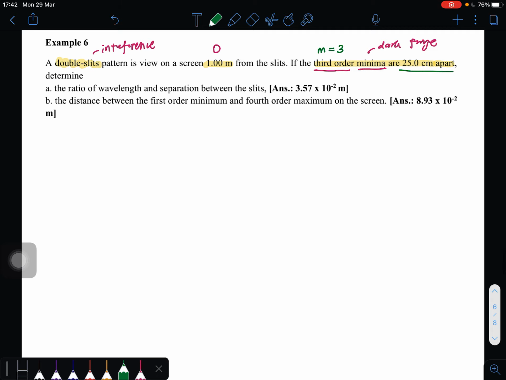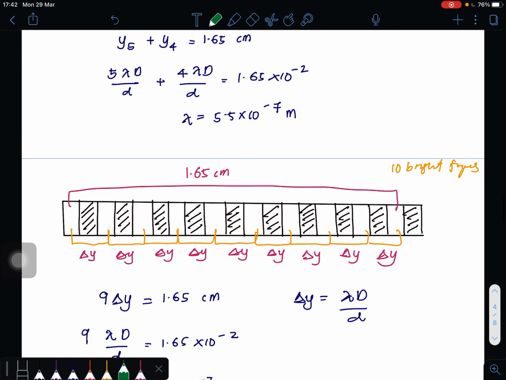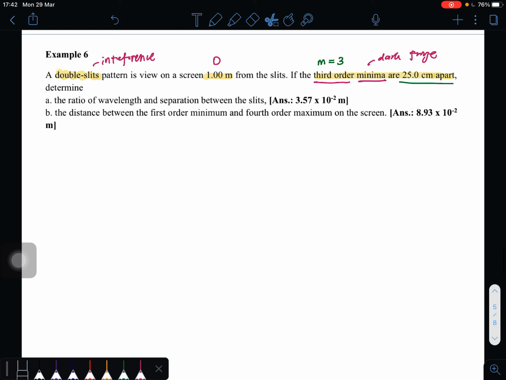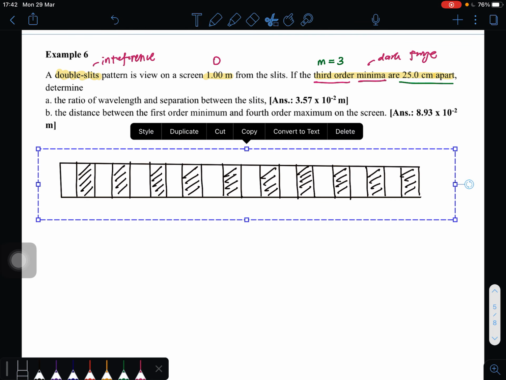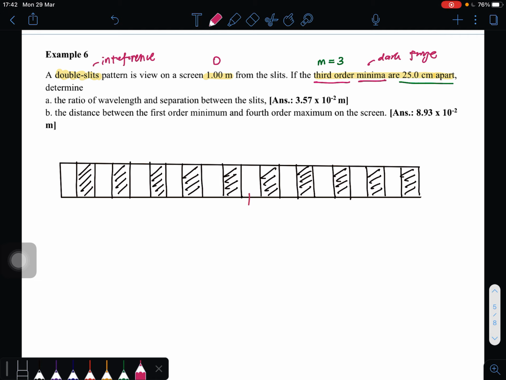Okay, so meaning that here, if I copy this one, dia cakap dekat sini the third order minima. So let's say this one is the central. So this one adalah minima, which is the dark fringe, di mana M sama dengan 0, M sama dengan 1, M sama dengan 2, M sama dengan 3. And then here would be M sama dengan 0, M sama dengan 1, M sama dengan 2, M sama dengan 3.